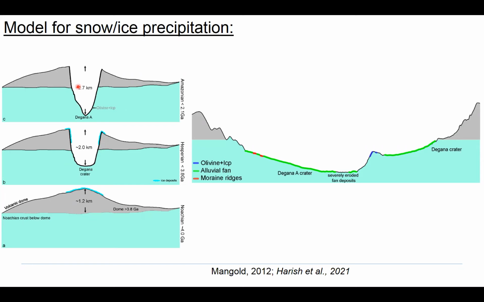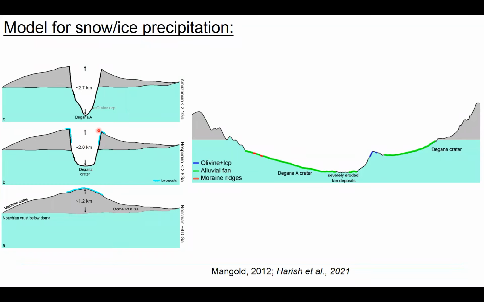The further impact deepened it and really exposed the interior of Mars. We got a sample from roughly 2.2 kilometers, which hosts the primary minerals like olivine and HCP. And this raises the question: what is the source for the water and the fan deposits being this high?